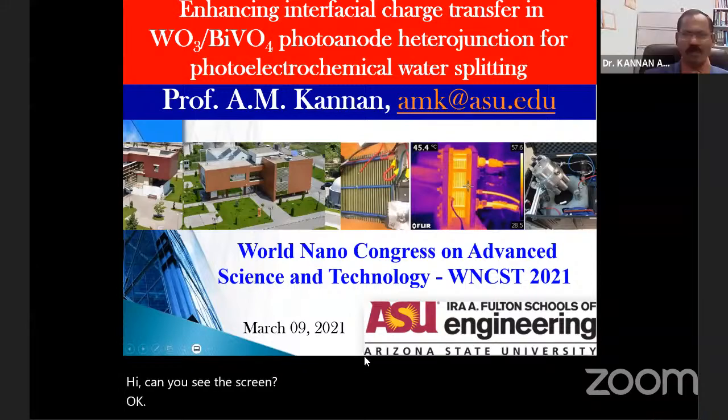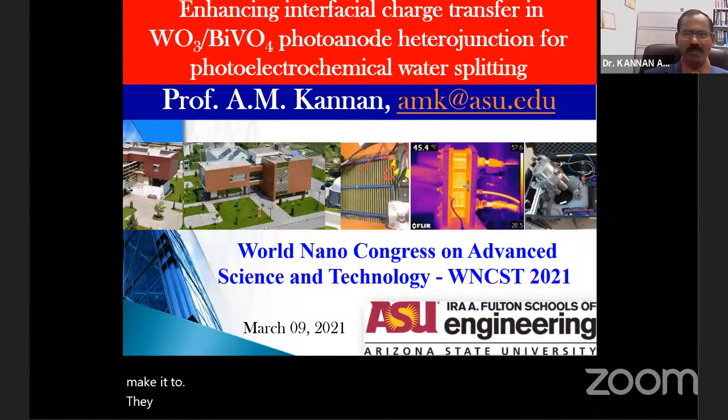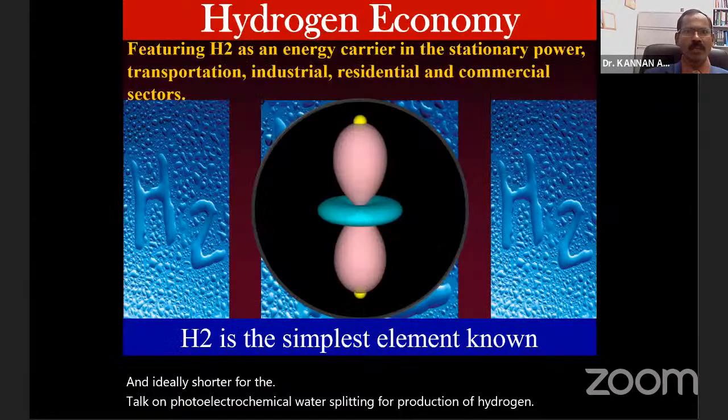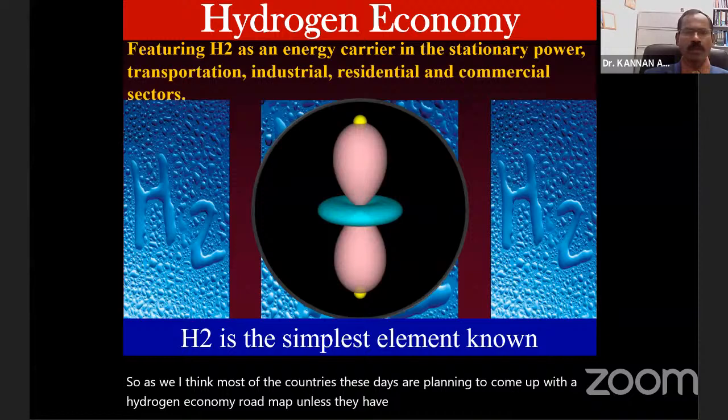All right. So I think it has been probably a very long day for all of you, so I'm going to make it relatively short, a talk on photoelectrochemical water splitting for production of hydrogen. As we all know, most of the countries these days are planning to come up with a hydrogen economy roadmap, unless they already have one.